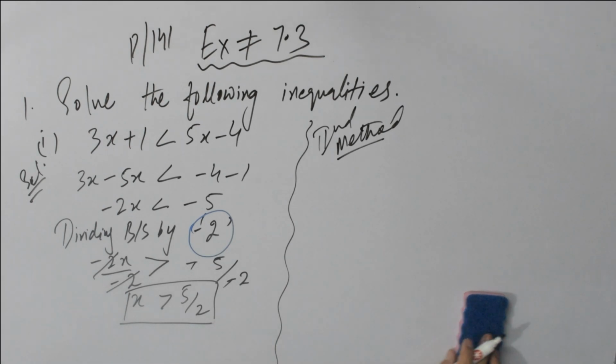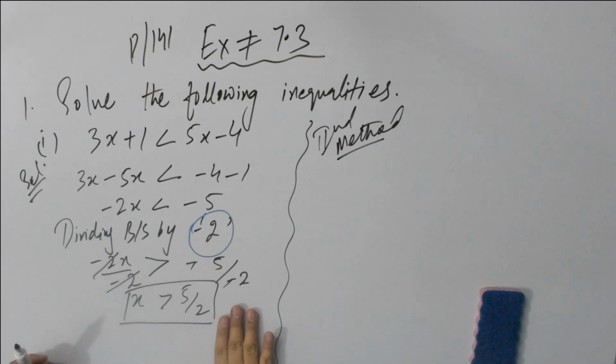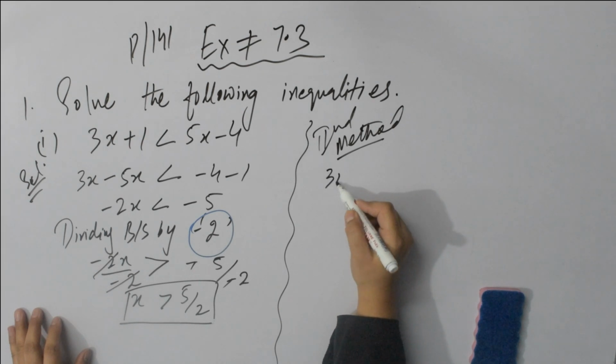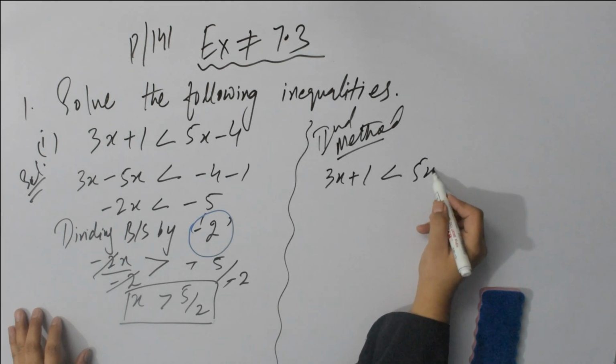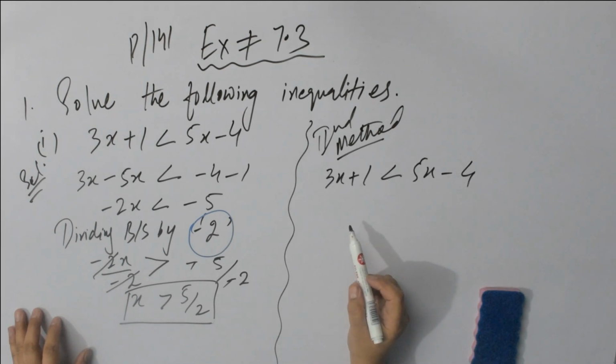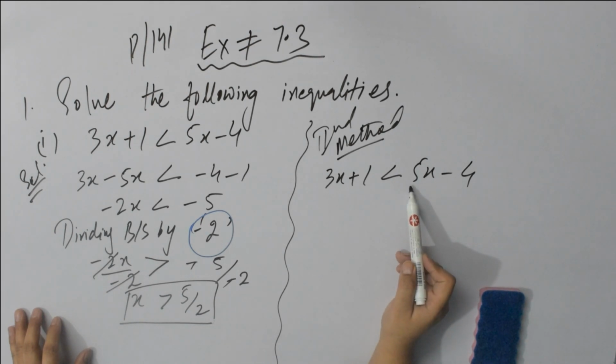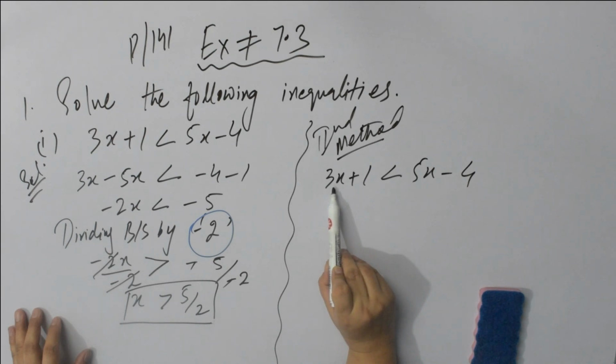Now second method, students, this is a tip for you, that whenever you have an inequality, like I have this inequality 3x plus 1 is less than 5x minus 4. If you see, the coefficient of 5 is greater than this coefficient.